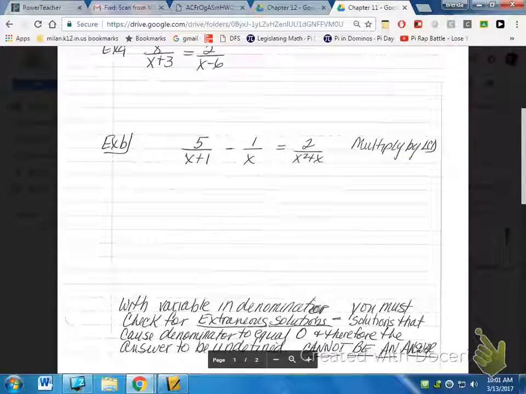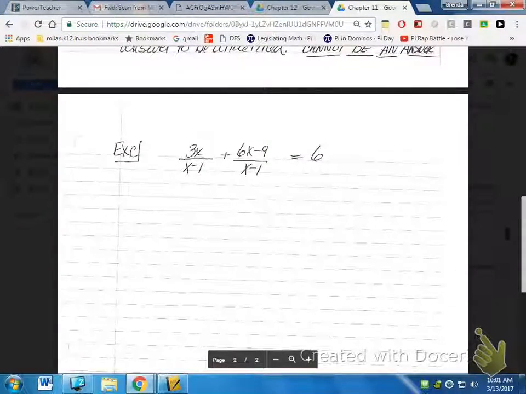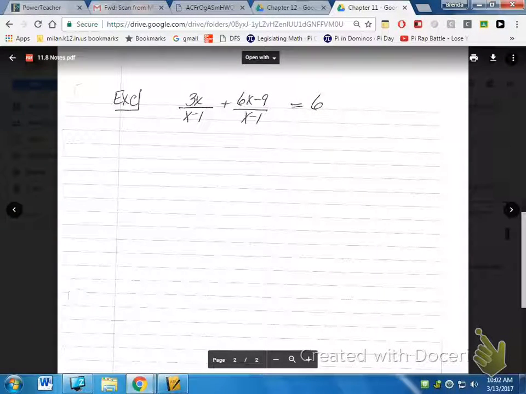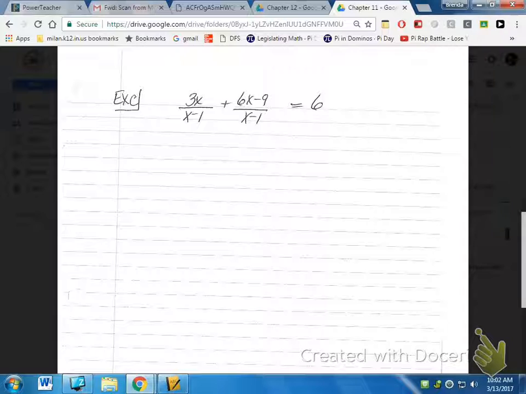So let's see what happens here on this last example. 3 over x minus 1 plus 6 minus 9 over x minus 1 equals just 6. So my common denominator, that's great. It's the same. So I'm going to multiply both sides, or everything I should say, by x minus 1. And what happens then when I take that times both of the first two terms?